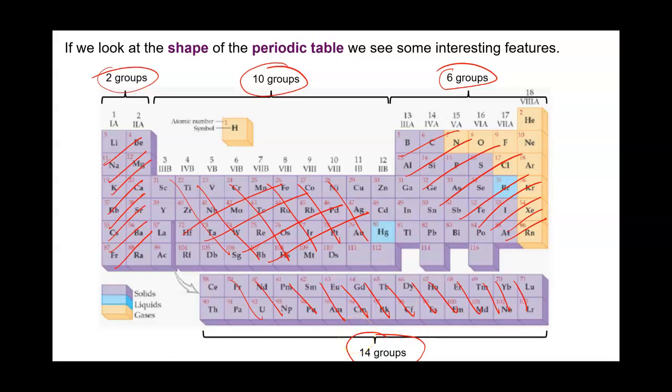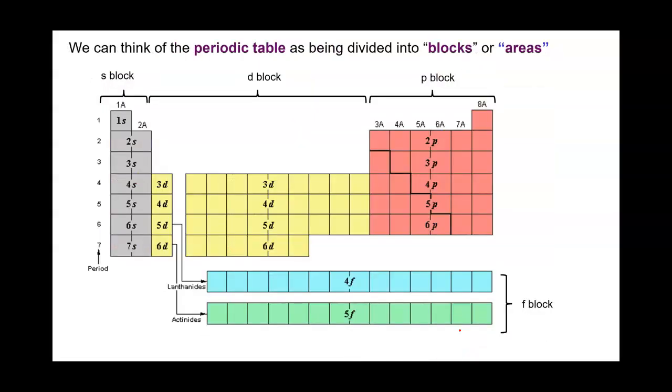So 2, 6, 10, and 14 correspond to the maximum number of electrons in an S subshell, a P subshell, a D subshell, and why did I write 14? An F subshell. So we can think of the periodic table as being divided into blocks or areas.